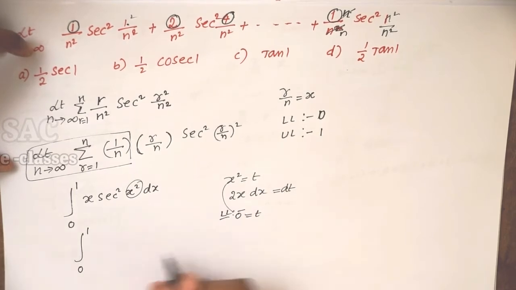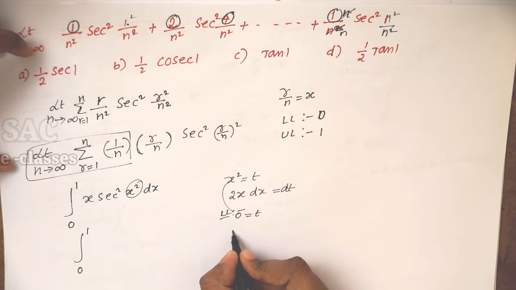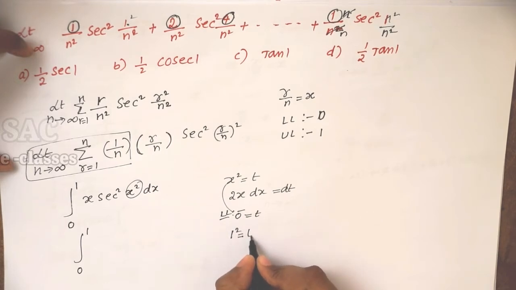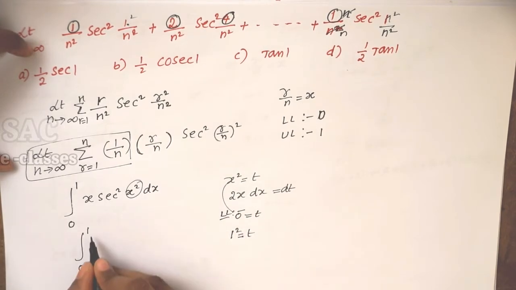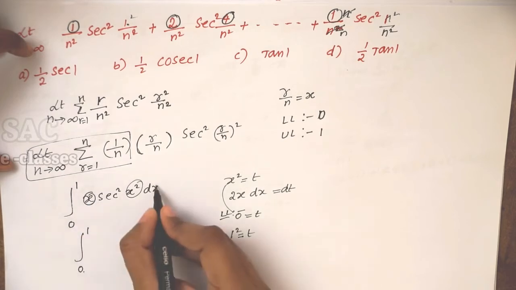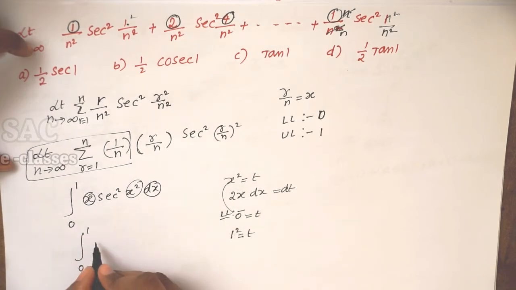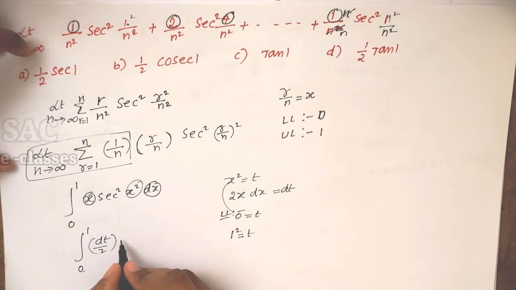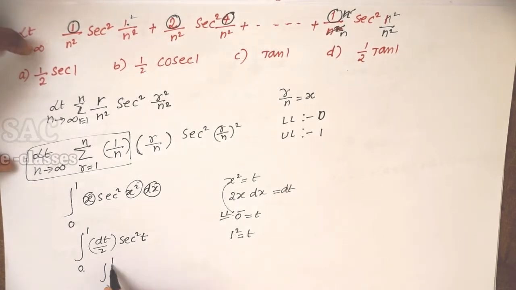Coming to the upper limit, in place of x if I substitute 1, the t value is also 1. There is no change in the limit, 0 to 1. x dx is converted to dt by 2, into secant square t. Now 0 to 1 secant square t dt into 1 by 2.